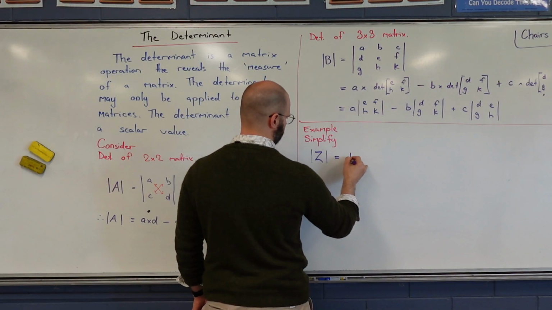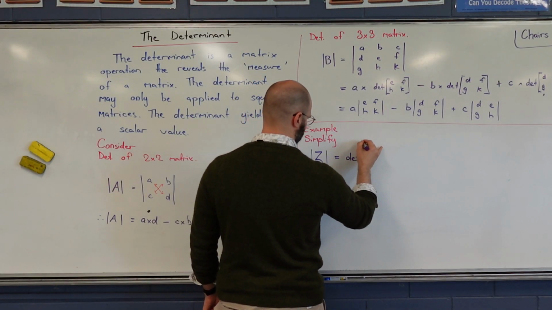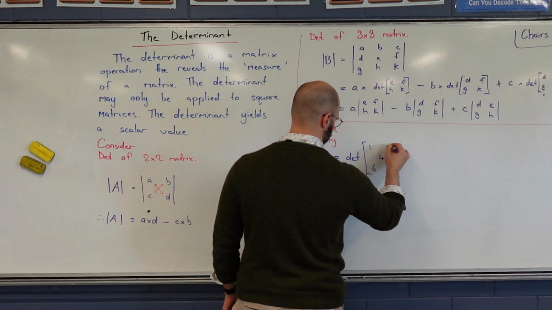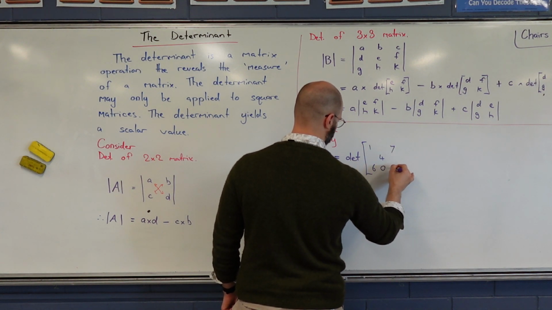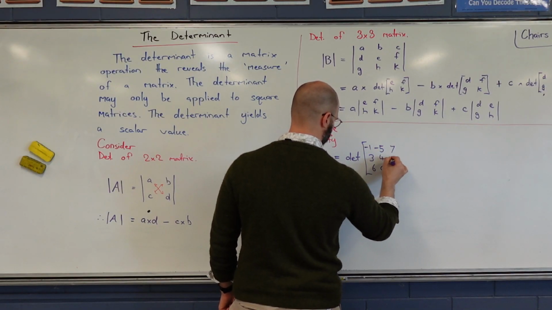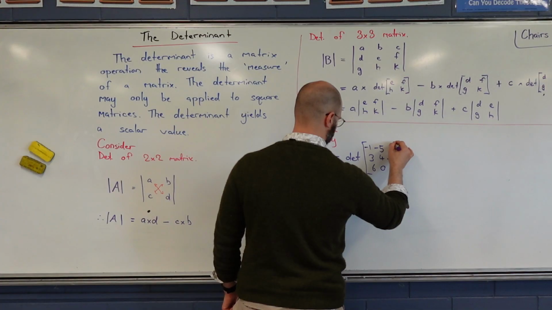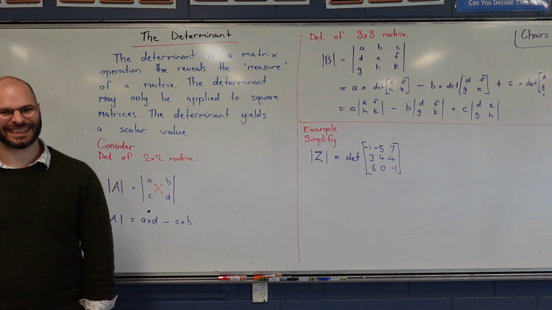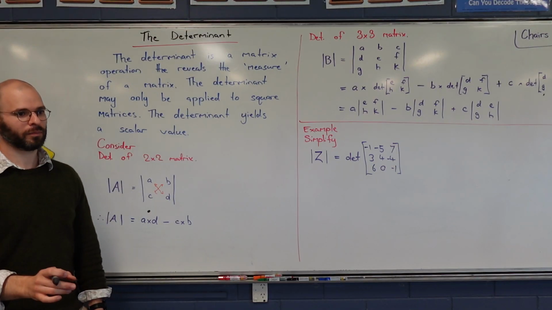We want to find the determinant of Z. What sort of matrix do we have?